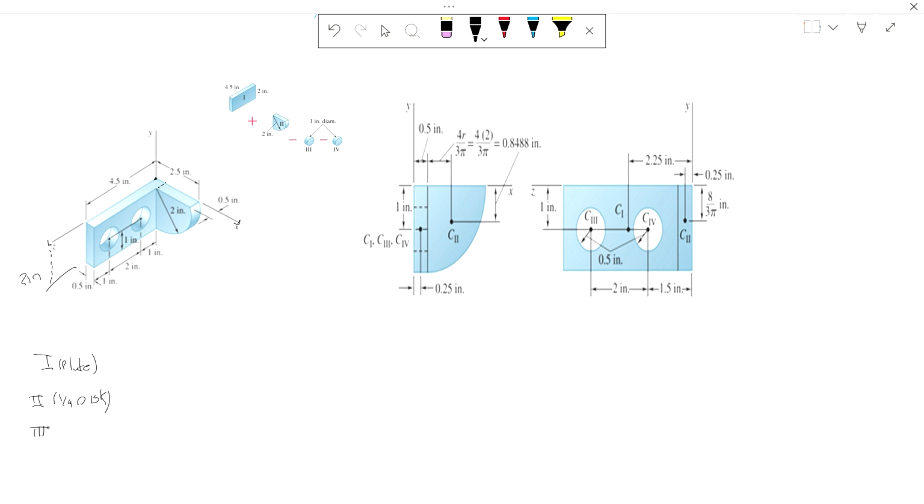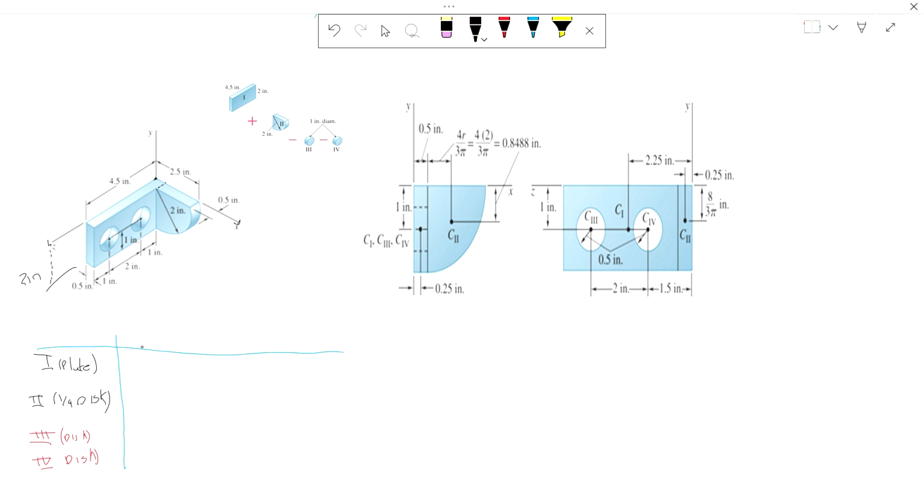And 3 and 4, we're going to subtract. 3 and 4 are disc and disc.